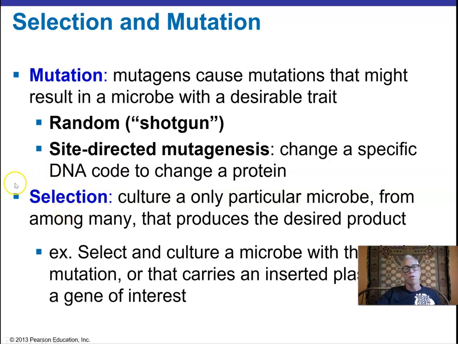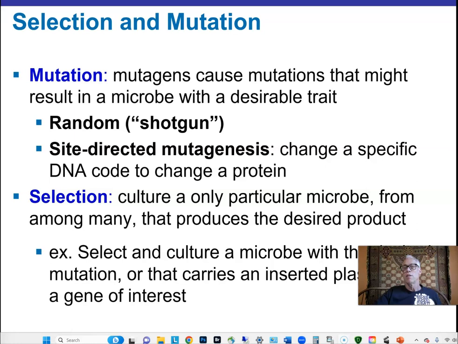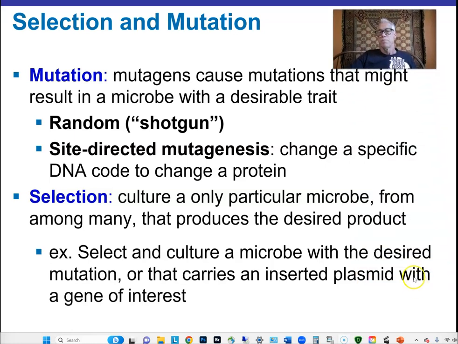Plasmids will also have a selection marker on it to allow us to grow only those bacteria that have been successfully transformed with our plasmid that has the gene of interest. So, for example, the plasmid that has our gene of interest might have an ampicillin resistance marker.